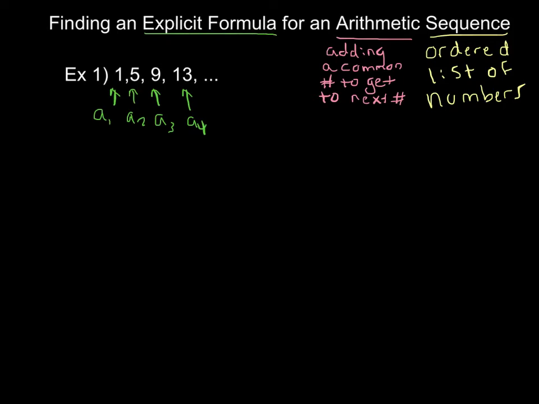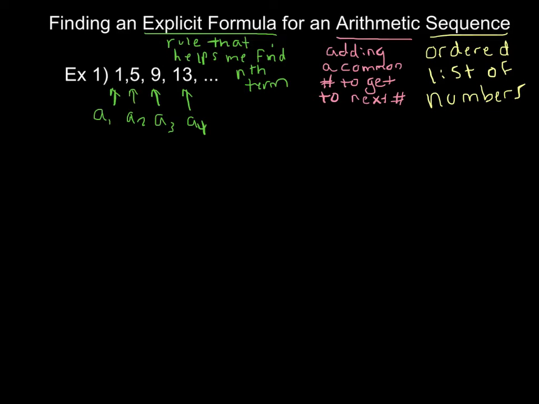And so our goal in this first example is to find an explicit formula. So what is an explicit formula? Well, it's really just a rule that helps me find the nth term. So an explicit formula is powerful because I should be able to plug in 20 and get the 20th term, right?